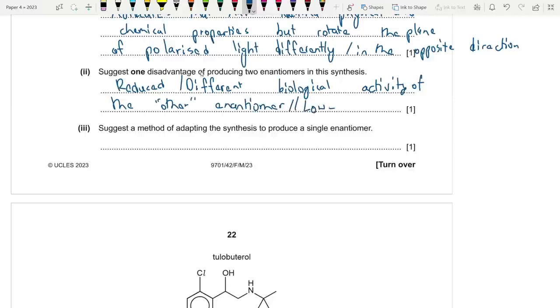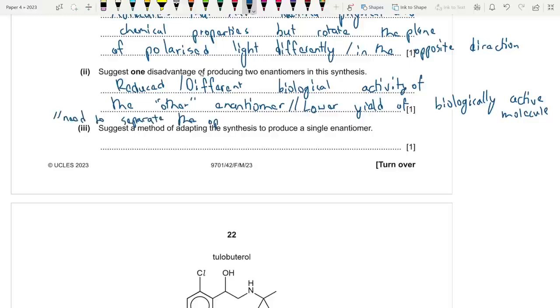Or you could say that there might be lower yield of the biologically active molecule. Or you could say that you need to separate the optical isomers to form the pure active isomer. Okay, so write any of these three over here.